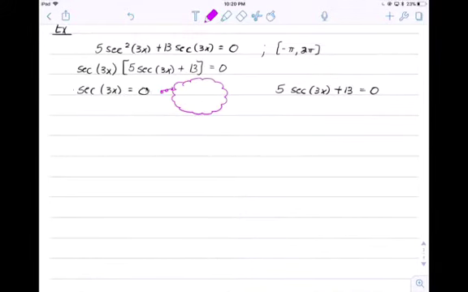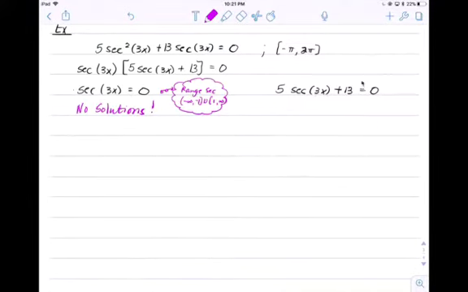If you remember from the previous assignment, the range of secant is from negative infinity to negative 1, or from 1 to infinity, which means 0 is nowhere in this range. So this first equation has no solution. Make sure you keep those range values in mind as you work through your homework.